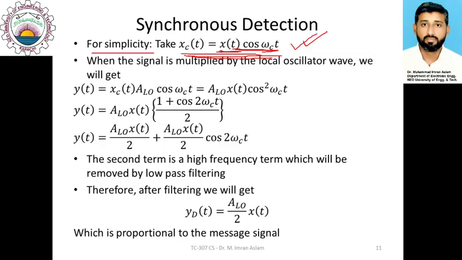So you would be able to comprehend how a generalized AM signal is detected synchronously by using this process. However, for this lecture slide, I have taken this simple example so that you can easily understand what is going on in this synchronous detection.